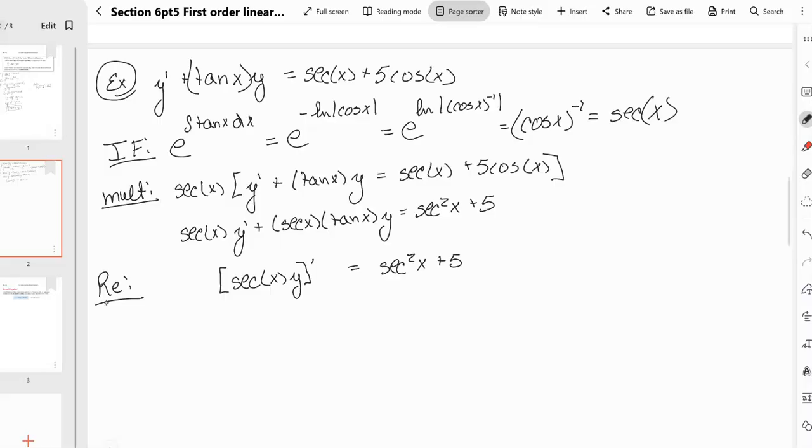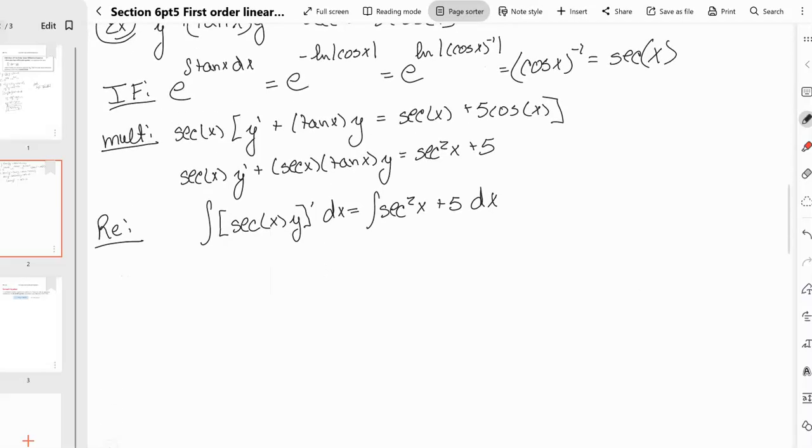If I take the derivative of secant of x times y, the product rule says it would be first times derivative of the second, so secant times y prime, plus second, which is y, times derivative of the secant, and the derivative of the secant is secant tangent. So you can see how this is equivalent to the step above.